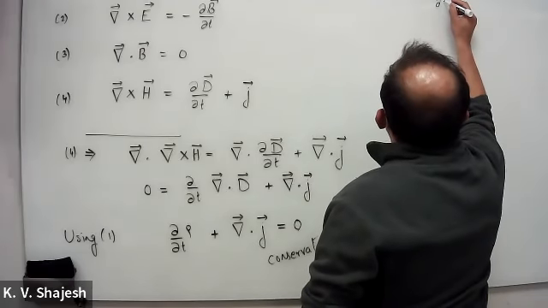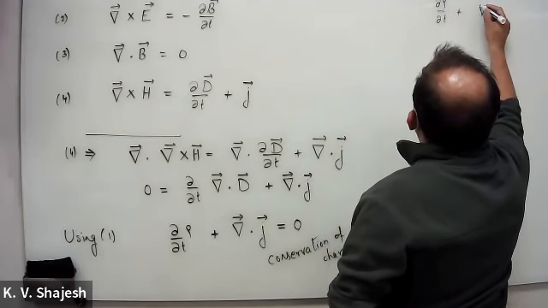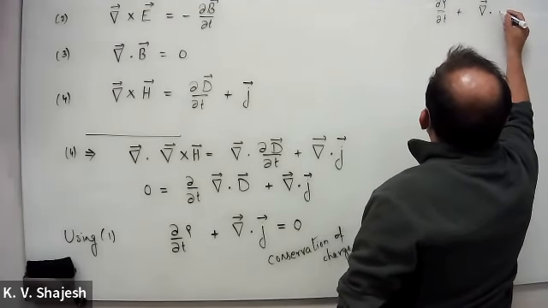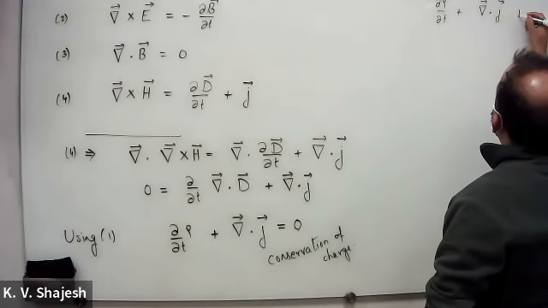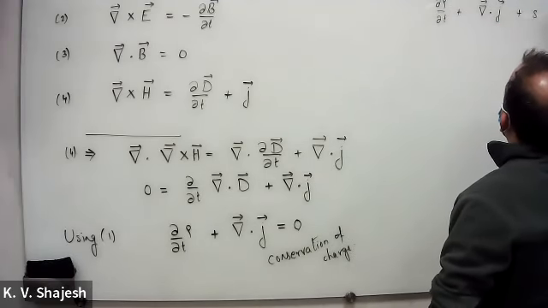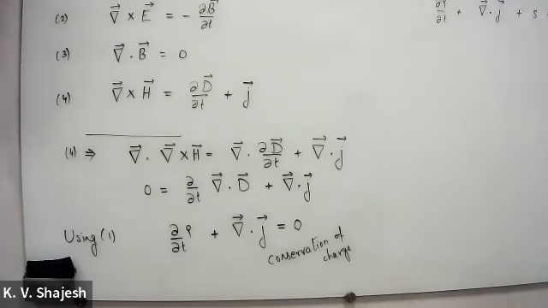So let me again, in short, write d rho by dt plus the divergence of J plus S is equal to 0. So I want to give a meaning to this equation.